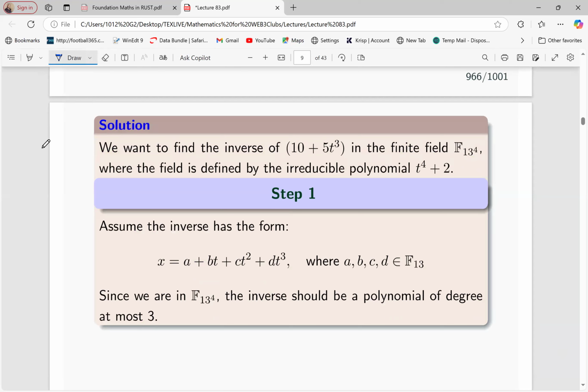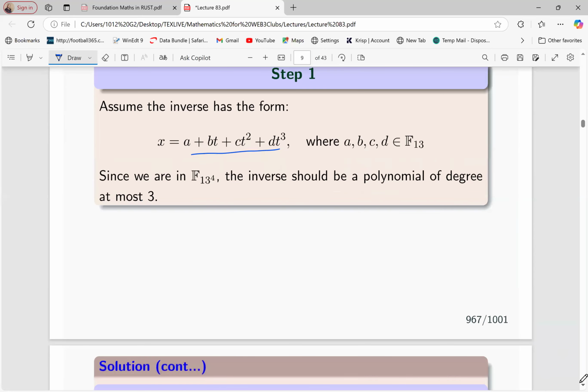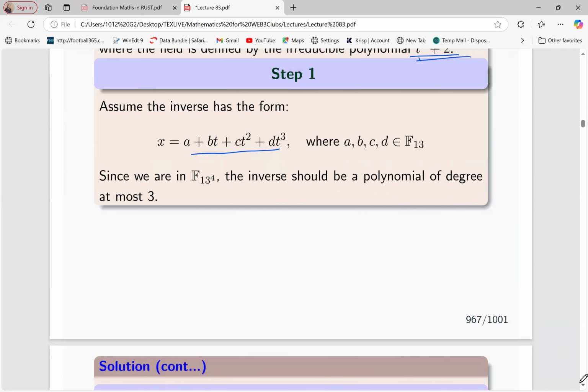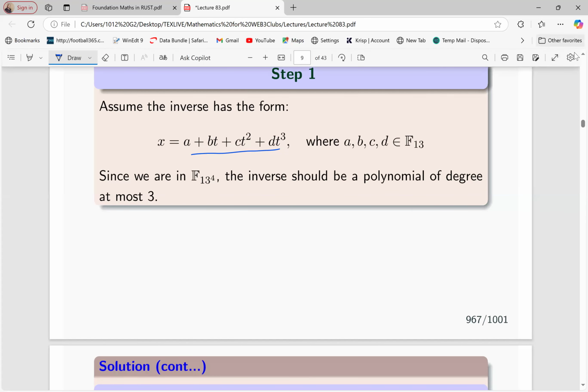We want to find the inverse of this in this field, but we must understand that we are doing it using an irreducible polynomial, and therefore that inverse will be of this form, where a, b, c, d are just constants.